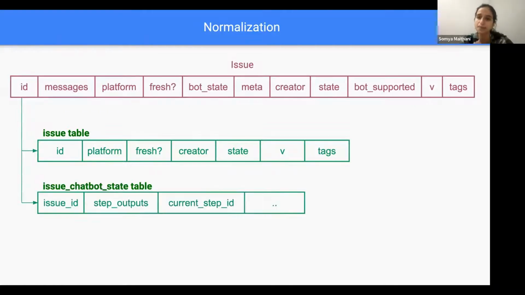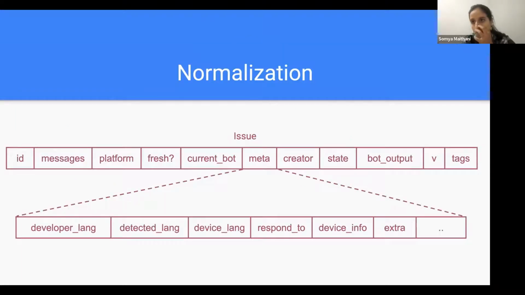So we created a separate table called issue chatbot state, and we kept some fields in it, whichever were necessary for us. Similarly, we've created a couple of other tables separately, which is primarily what normalizing does. And then we had this huge question about a field called meta, as you can see there.